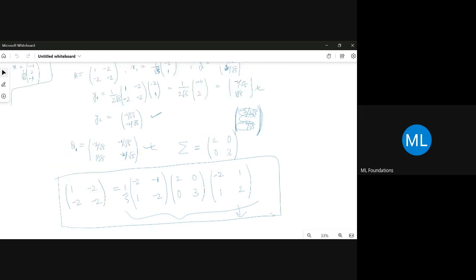Like (-2, 1) was the eigenvector corresponding to the eigenvalue 4. So you're putting it in the first position, this is your first eigenvector. And for eigenvalue 9, this is your eigenvector.